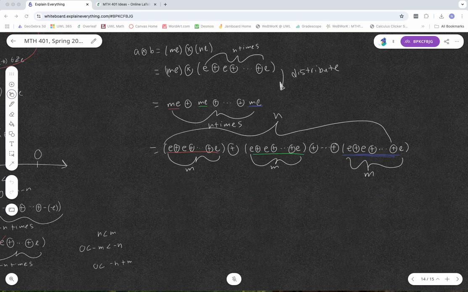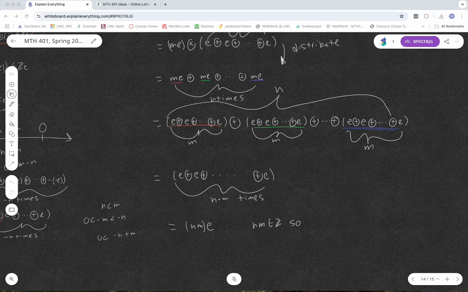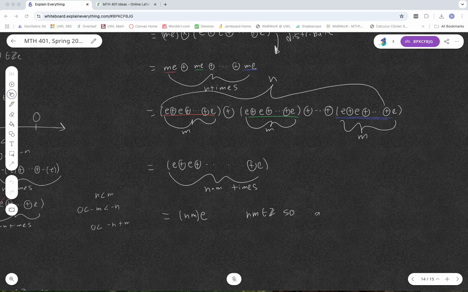There are M times N E's, which equals E plus E plus E, N times M times, which is NM E. And M is an integer, so A times B is in ZE.